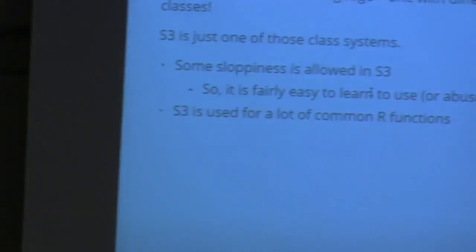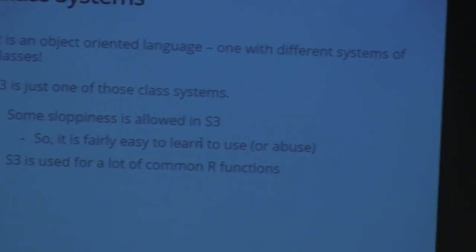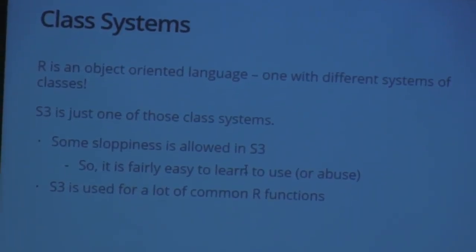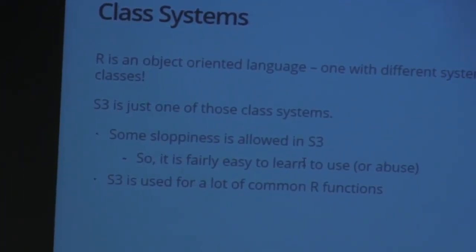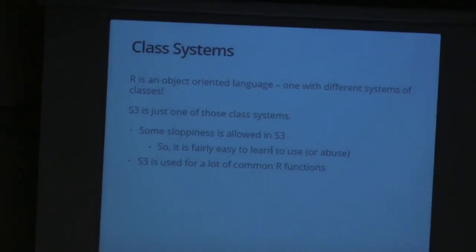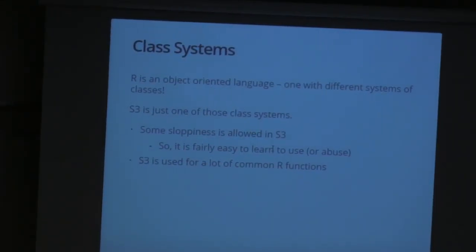I am not an expert on different kinds of R classes, or really S3 for that matter. But the nice thing about S3 is that you can use it without really knowing what you're doing very well. It's pretty simple. It lets you be sloppy. Sloppiness is allowed in S3, so you can take advantage of it, even if you don't consider yourself to be an expert. And I'm certainly not an expert.